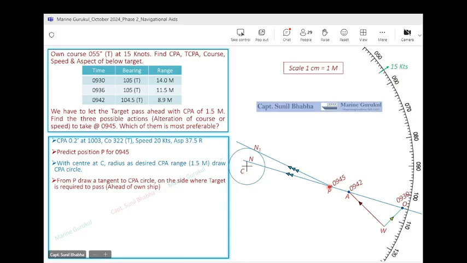You cannot find this out by the speed of the target, because the speed of the target or speed of own ship will refer to target vectors WO or vector WA. The Oscar Alpha is basically the movement of the ship on the line of approach. It will be different from our speed or the target speed.